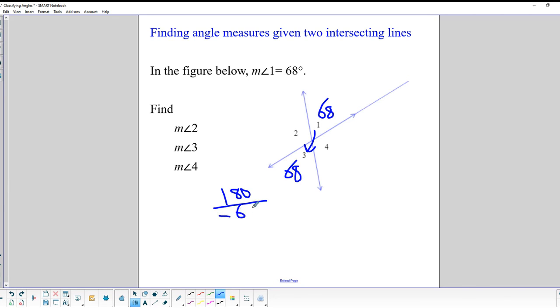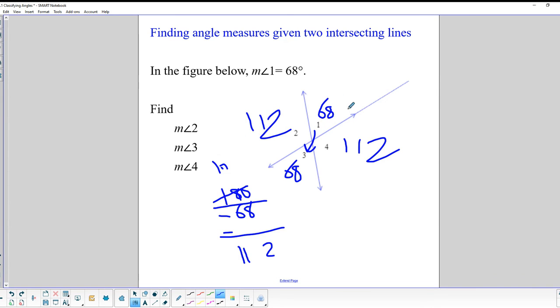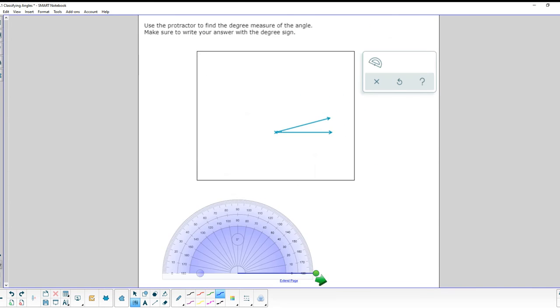So 10 minus 8 is 2, and 17 minus 6 is 11, so 112 degrees. That means each of these are 112 degrees, while each of these are 68 degrees. And 112 plus 68 equals 180 degrees, or a straight line.